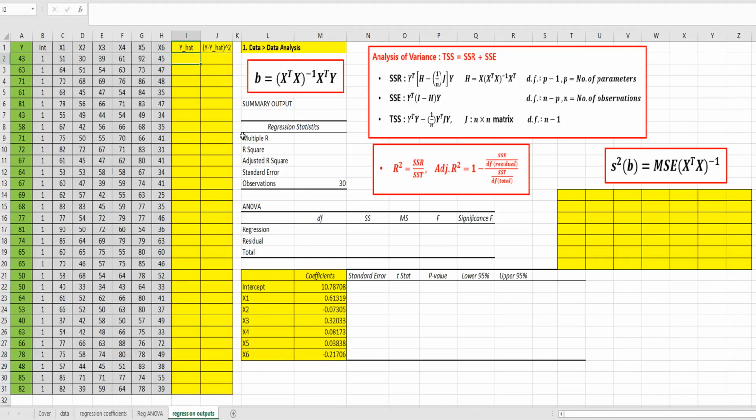Then we can get y hat by using these regression coefficients.